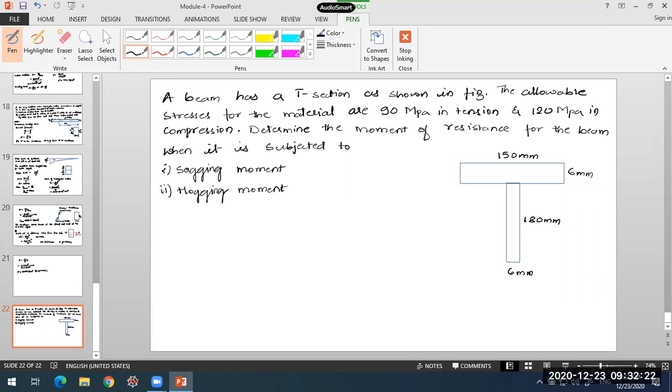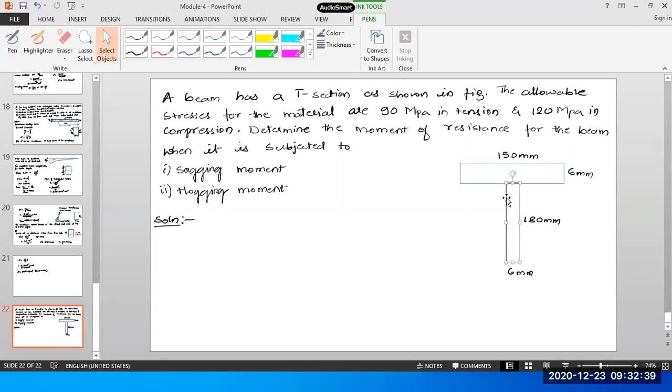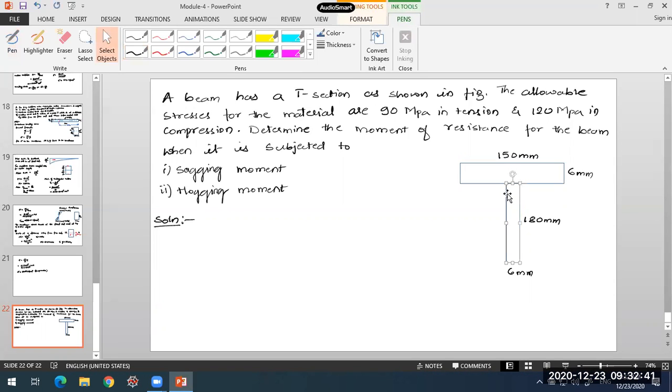Before we proceed with determining the moment of resistance, what we require is one property of this cross section: the centroidal axis has to be located, because that itself will represent the neutral axis of the beam. When we find the neutral axis, we can determine the extreme fiber distance y value.